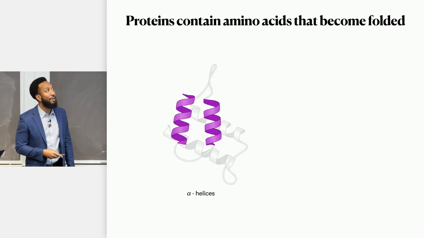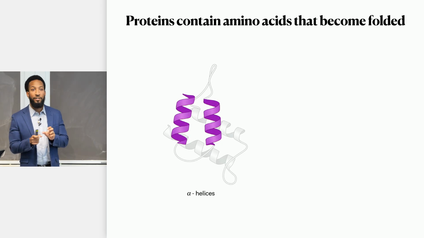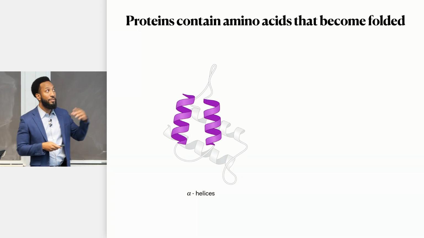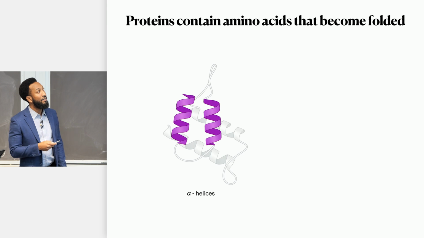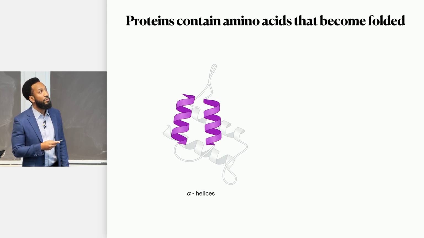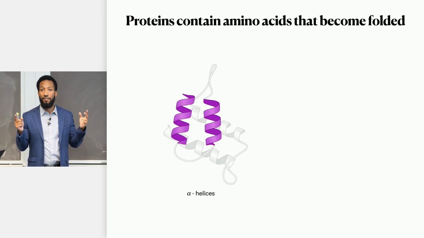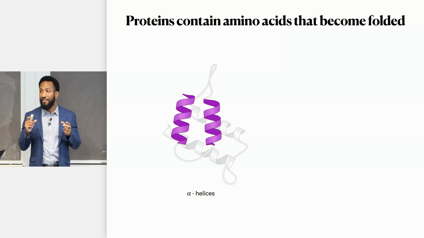So first, I want to distinguish between ordered and disordered regions. Ordered regions mean they're folded; they will fold into some structure. Some typical structures that you would see in a protein are, for instance, alpha helices. These are these coils here. There are blocks of amino acids, maybe around 20 amino acids, that would form an alpha helix.